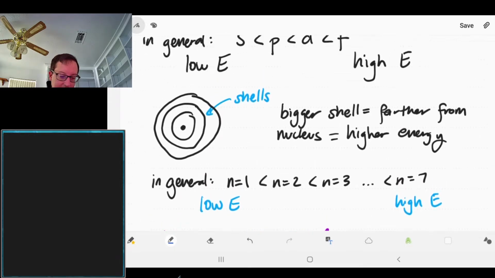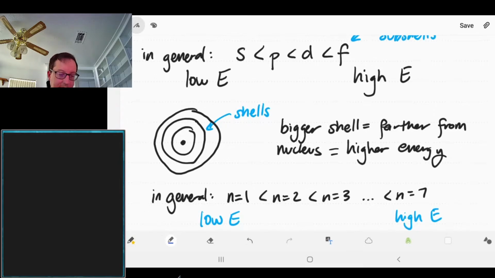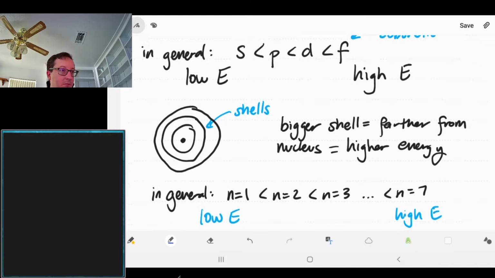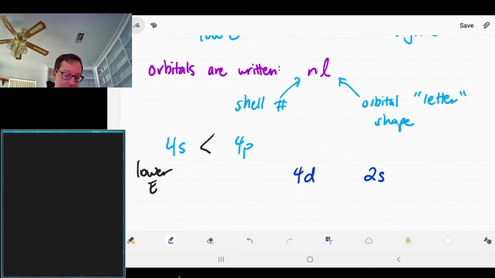If we look up here, okay, well, we know that d is higher energy than s. Oh, and 4 is also higher energy than 2. So this one should in fact be way higher energy than the 2s one. So we have higher energy in the 4d orbital. So comparing them is not too bad.